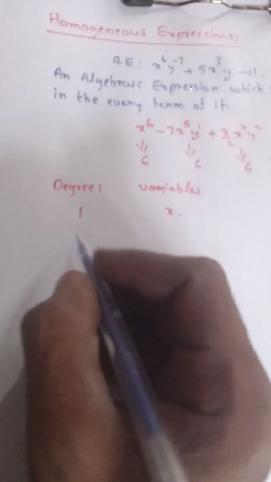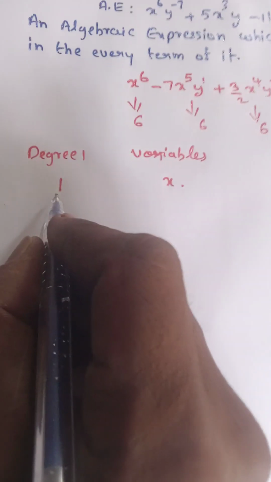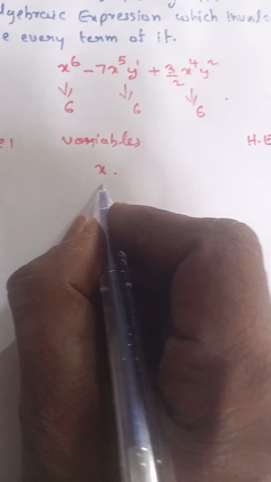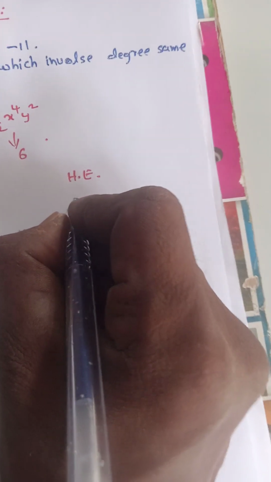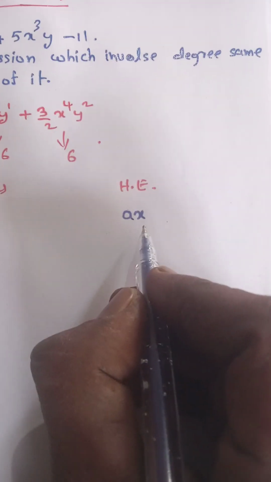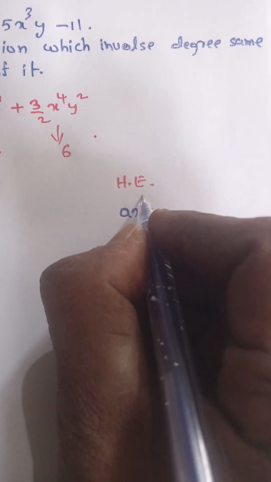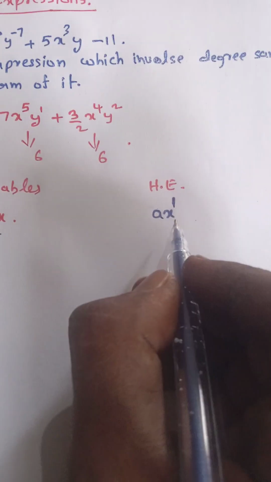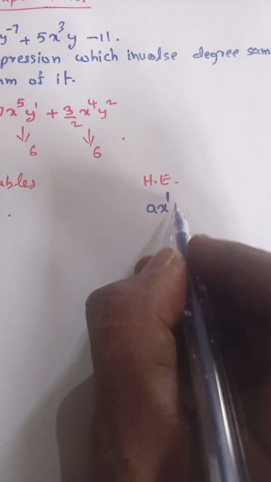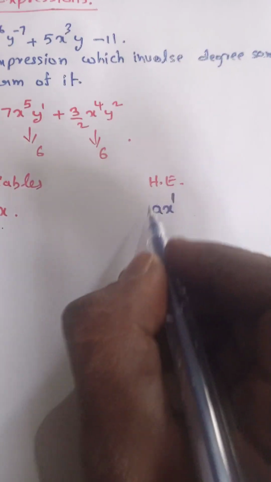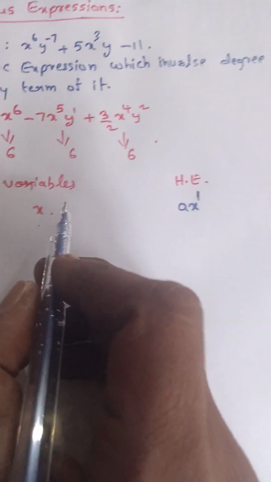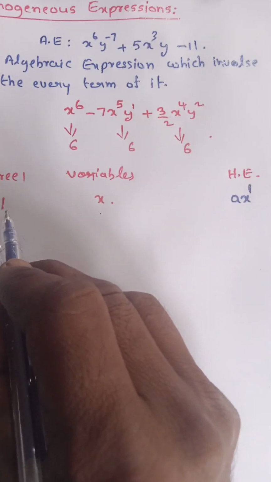How do we write the general term, the standard form? The first degree homogeneous expression involving x is nothing but ax. Consider it very carefully: we used only the single variable x, the degree is 1, and this is a single term. It is a monomial homogeneous expression in x of degree 1.